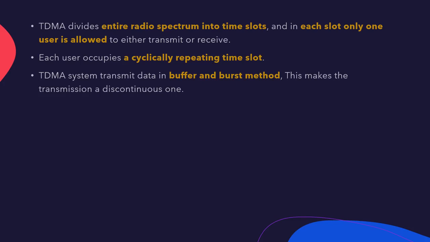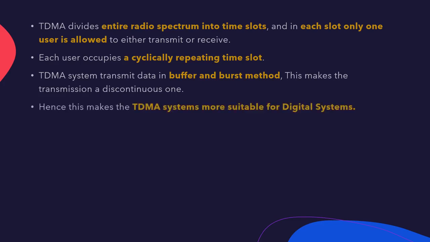Once he gets the chance, he will then transmit or receive the information. This process of sending and receiving, we call the buffer and burst method. This is a discontinuous method, meaning in a TDMA system, a particular user cannot transmit continuously. The user is only given a chance to transmit and receive information when his chance comes in his time slot. Hence, this makes the TDMA system more suitable for digital systems.